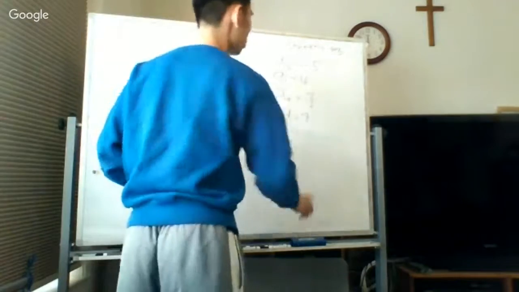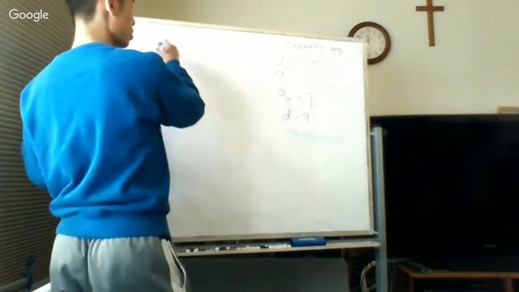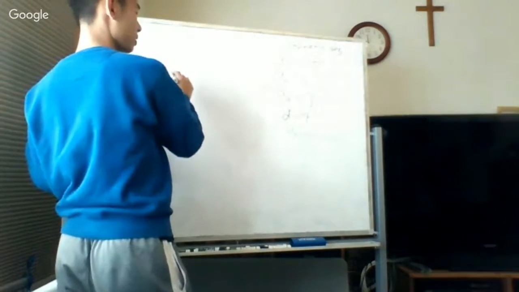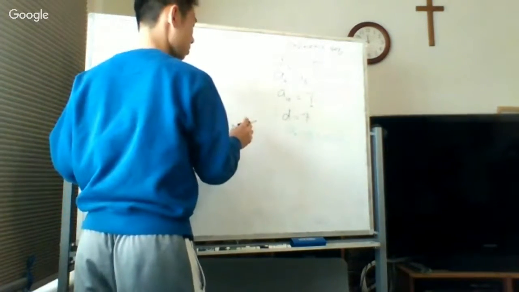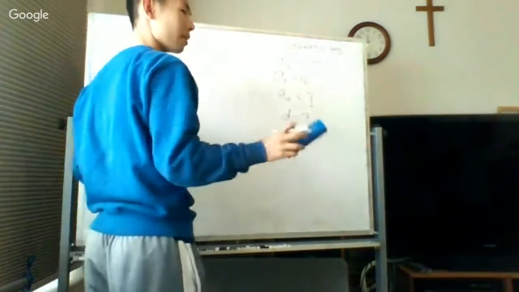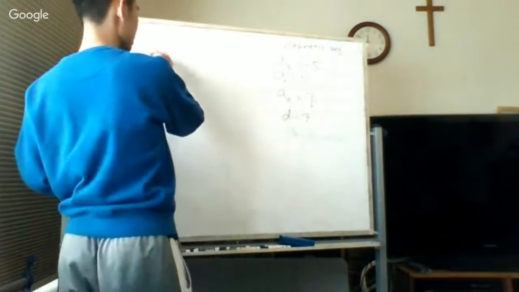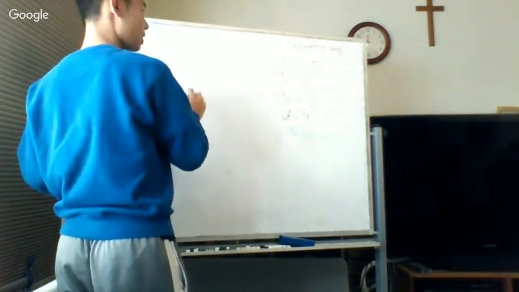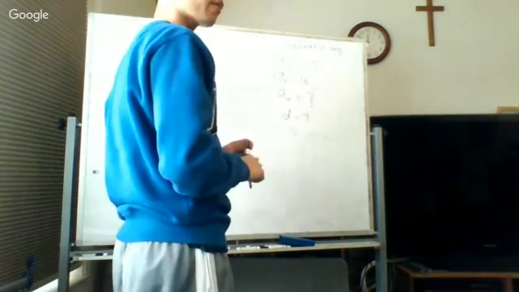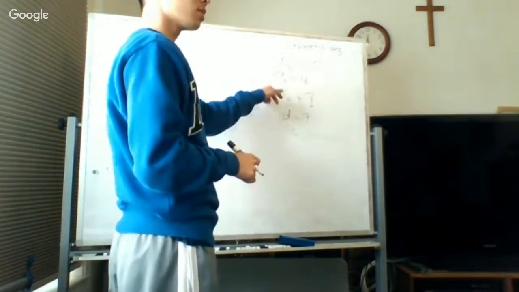Or, Anish, what you were looking at is doing something like this. What we could say is, instead of solving all the way back for what A1 is, can we just use this?